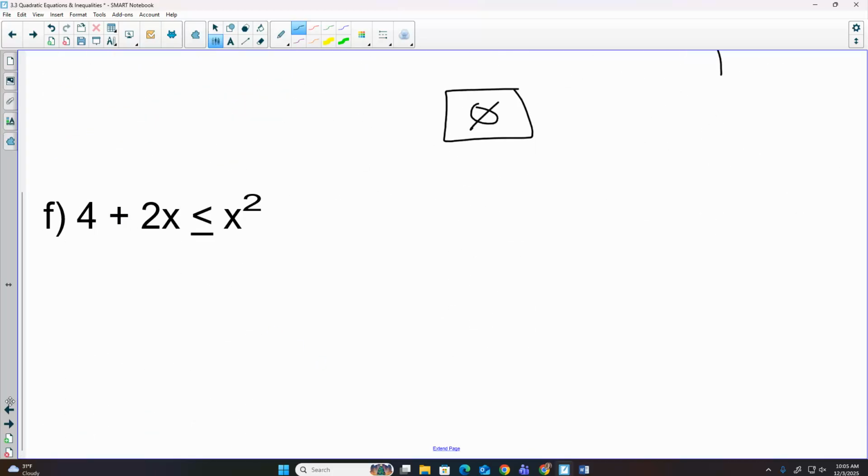Let's look at this one. What would you do first? Subtract our x squared.